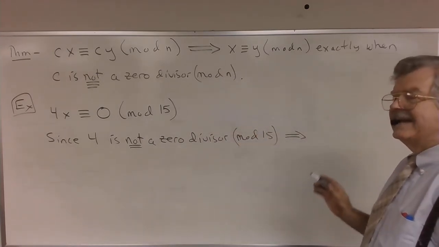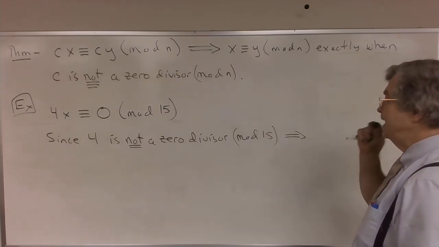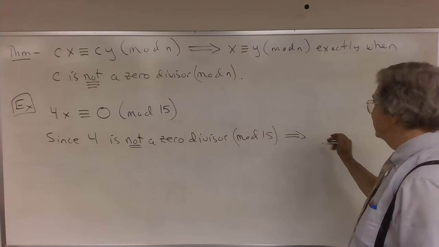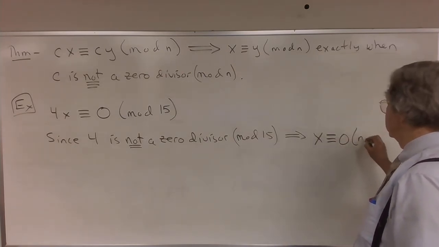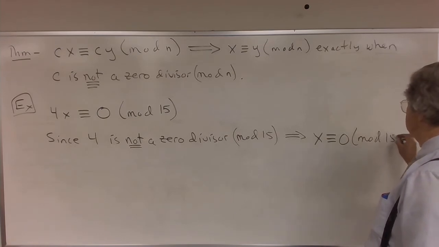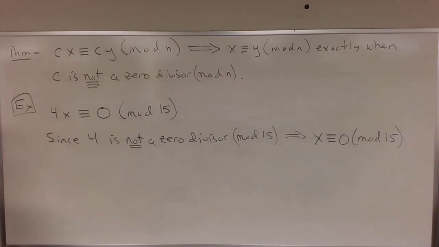So we can cancel the 4s on both sides of the equation. Now, could we have done this differently? Yeah.